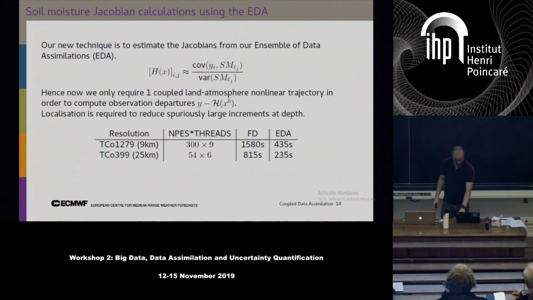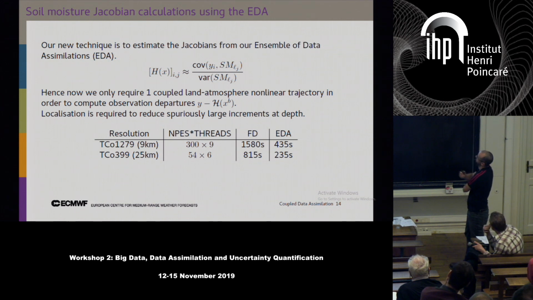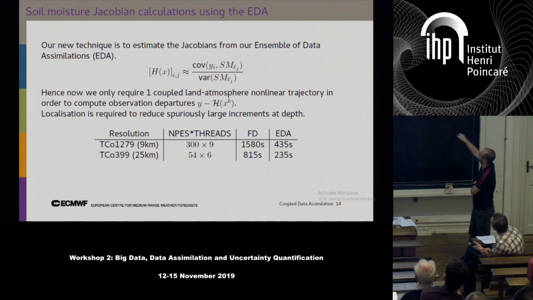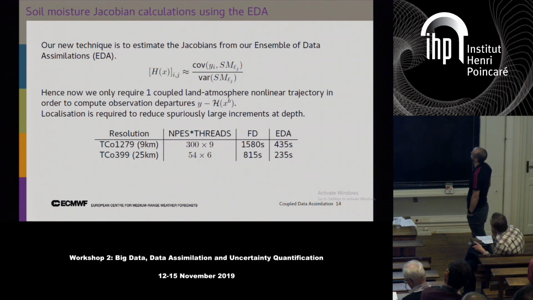But what we've just implemented is actually using our ensemble of data assimilations to directly estimate these covariances. So we estimate these from our ensemble of data assimilations, and now we don't have to run any of these perturbed trajectories, because these are all available offline. And in terms of computational cost, what this has done is it's reduced the computational cost in seconds by about a factor of 3.6, I think it is, because we're saving 3 out of 4 trajectories.